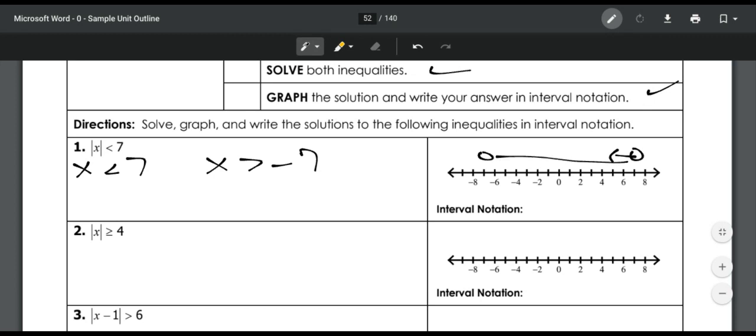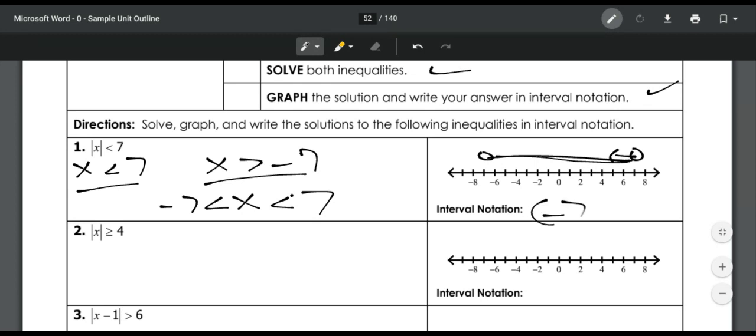So they're going to meet in the middle. And then you can condense those since they meet in the middle. So you have x is greater than -7 or less than 7. And then they don't go any further, so it's -7 is the first one you come to, and then 7.